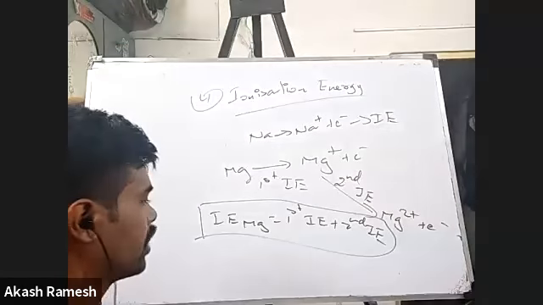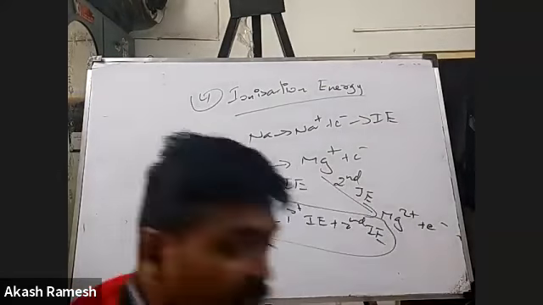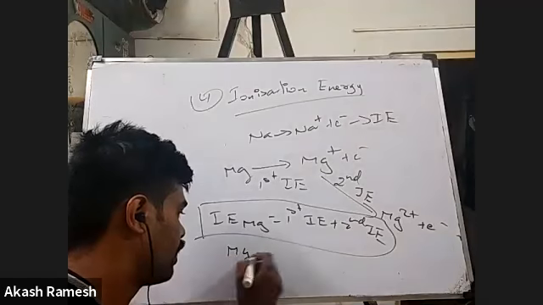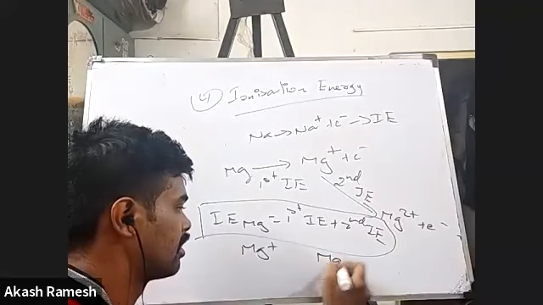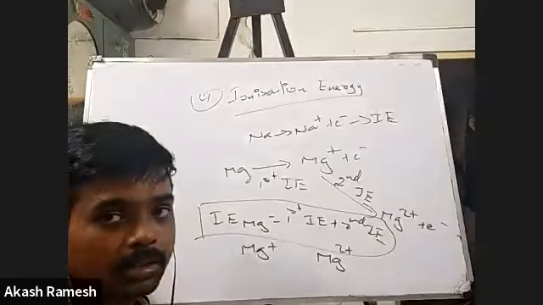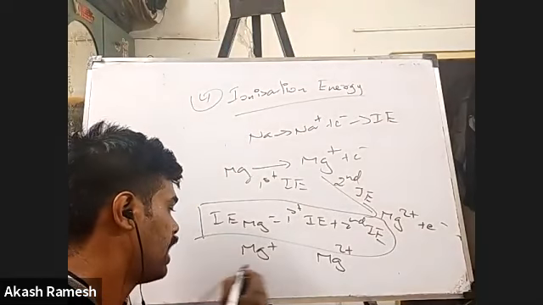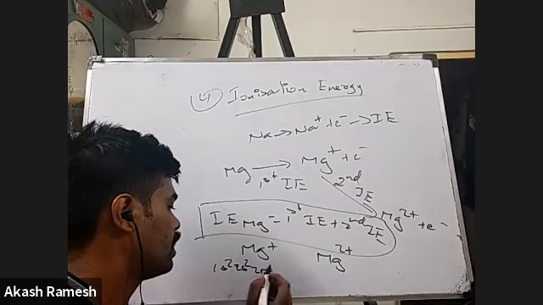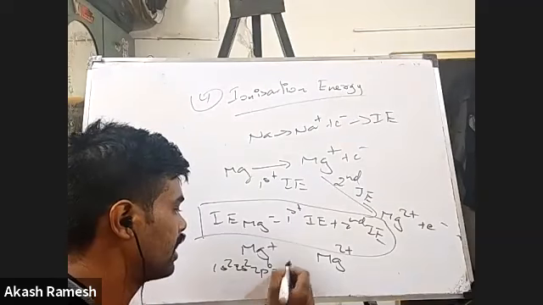Fine. So this we understood. I told you, you have to look at the electronic configuration, the size, and all those things. Now Mg plus will have 1s2, 2s2, 2p6, 3s1.